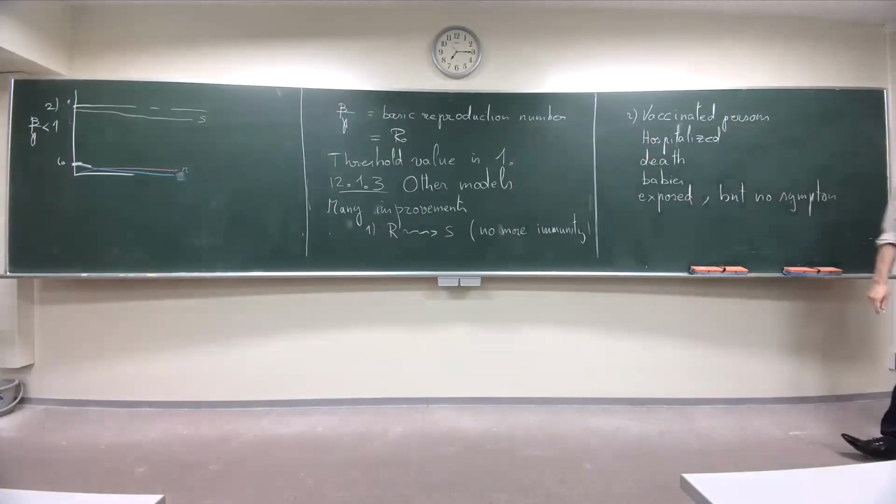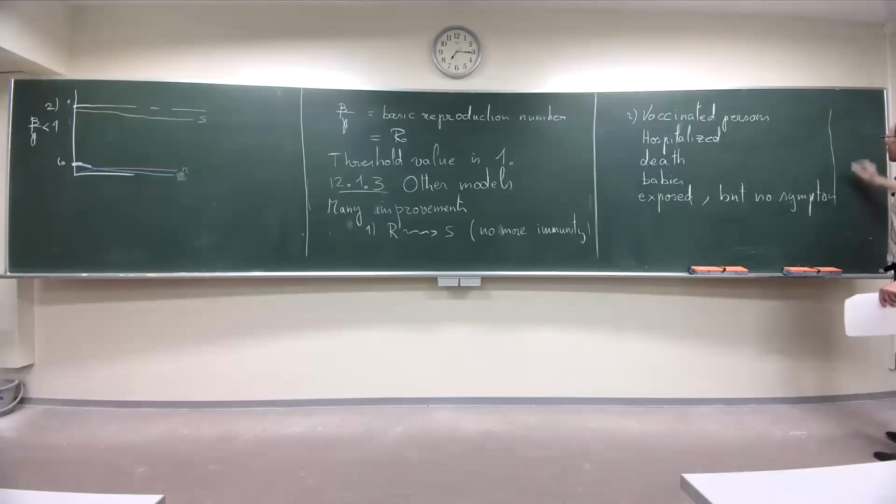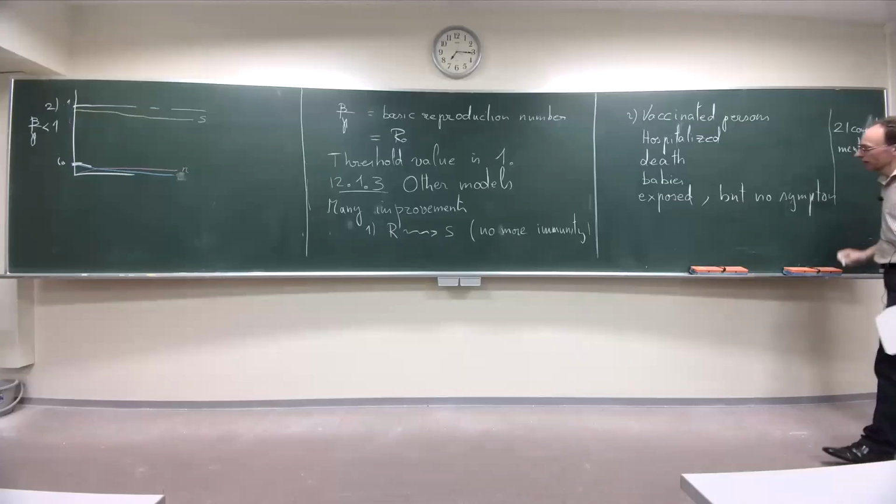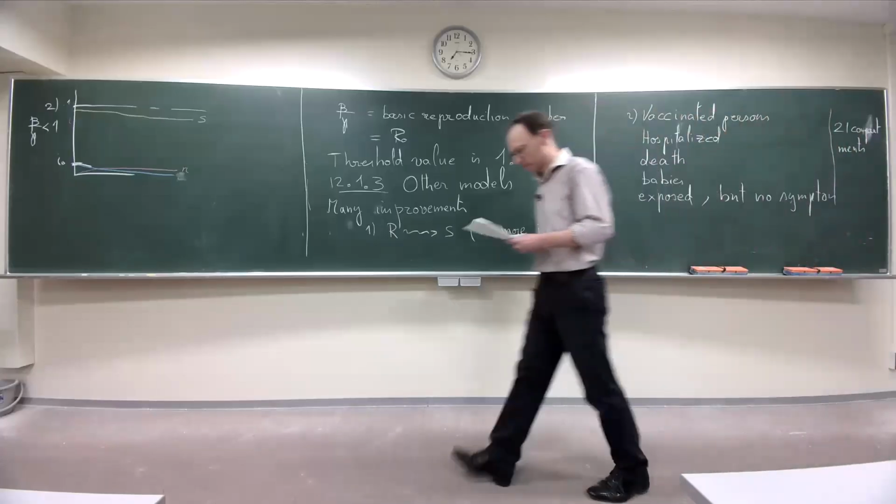But still you can infect, but there is no way to know that you can infect other people because you have no symptom. So you can add plenty of compartments, add some constant in between these different compartments. And I put a picture with 21 compartments for the COVID-19. There was such a model.